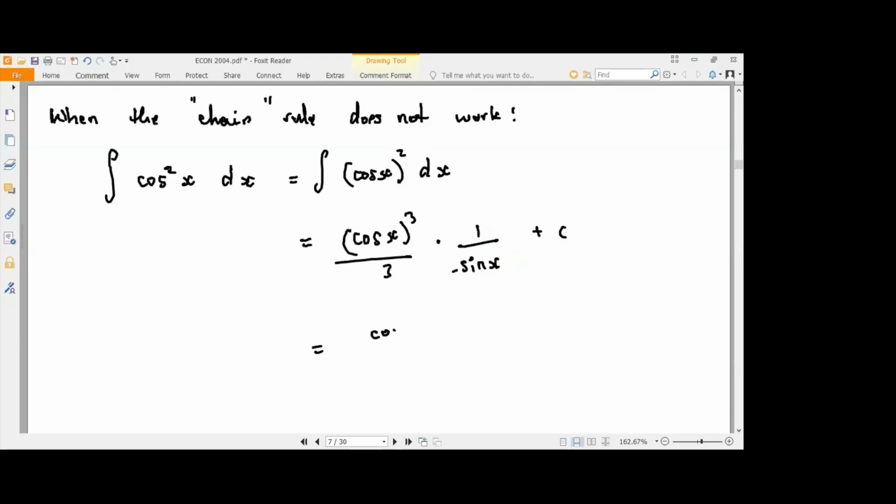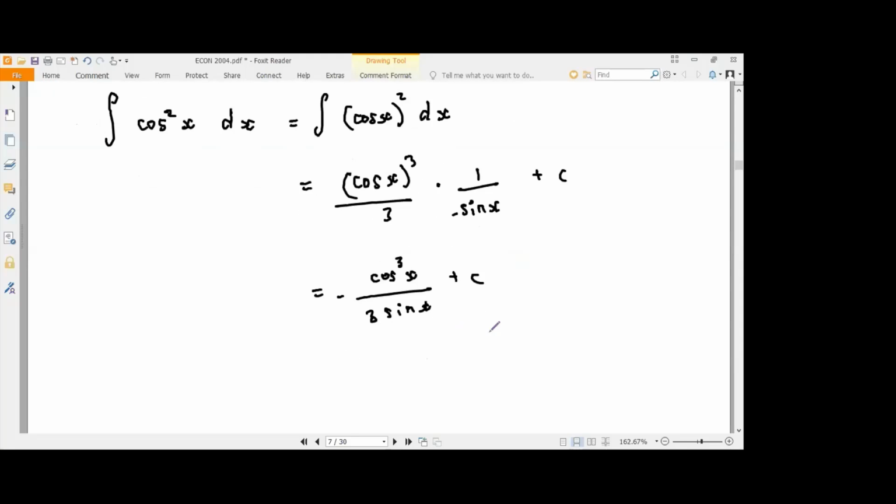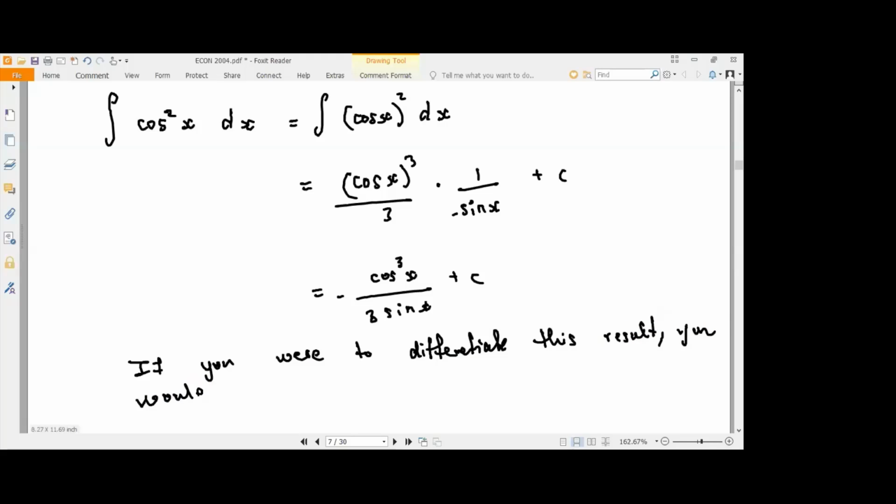Now, if you were to differentiate this result, you would not get back cosine squared x.